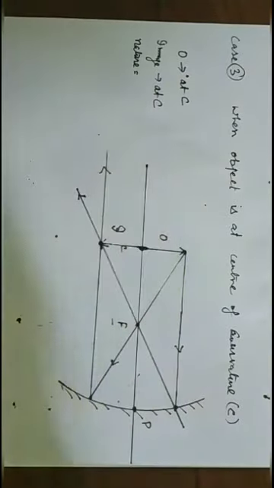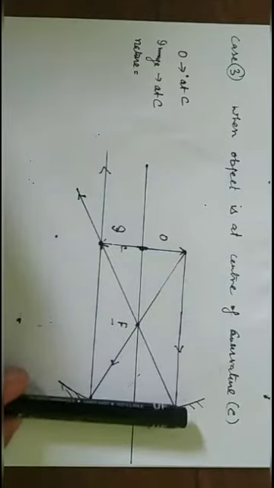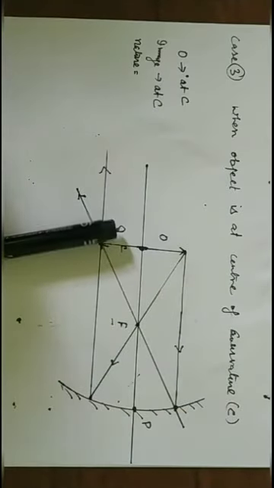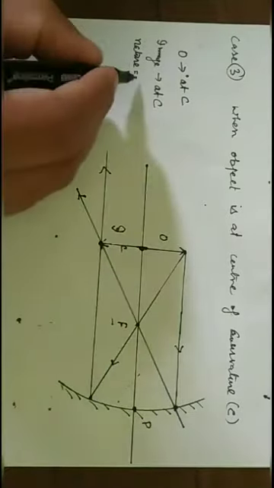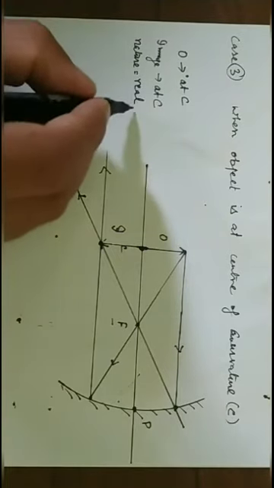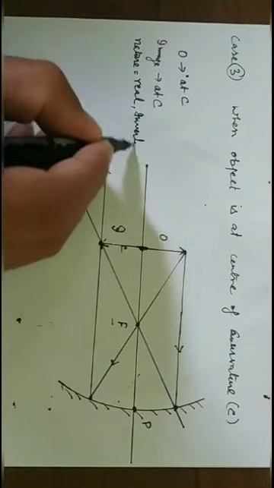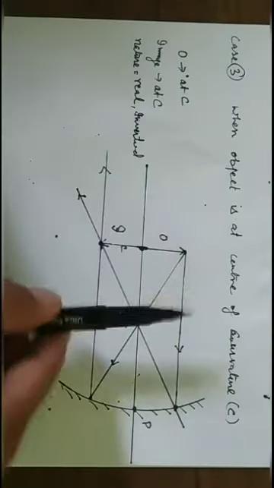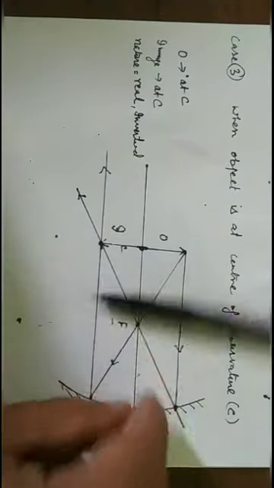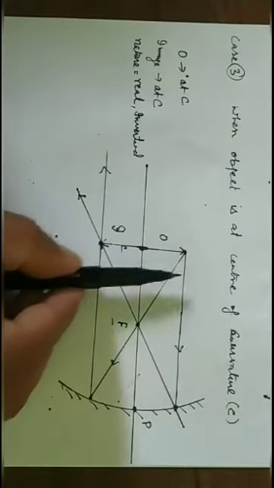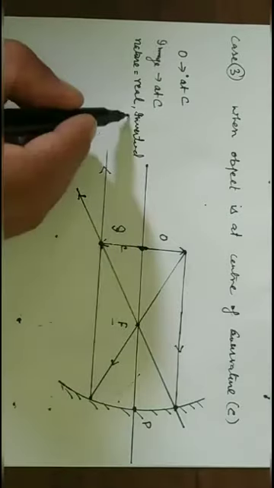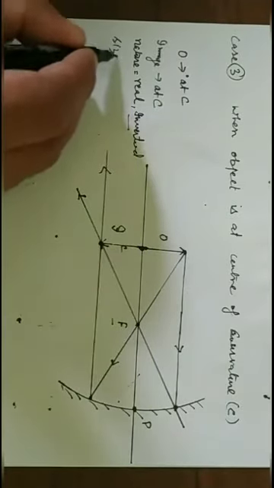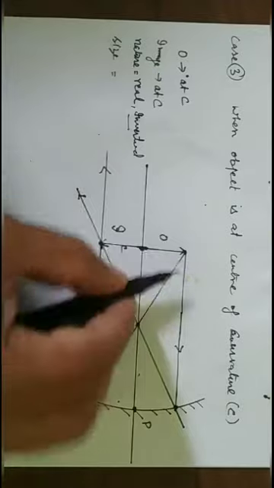Since the rays falling on the mirror get reflected and meet, and no rays cross the mirror, we can say that the nature of the image is real. Real images are always inverted. From the diagram you can see the object arrow is upward and the image arrow is downward, so it is inverted. So what is its size? From here you can see the length of this one, you see that the length is equal.